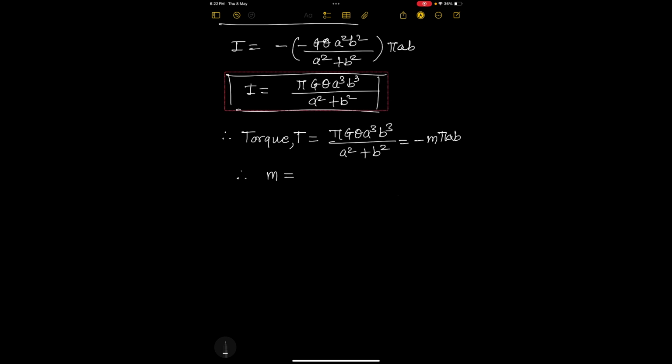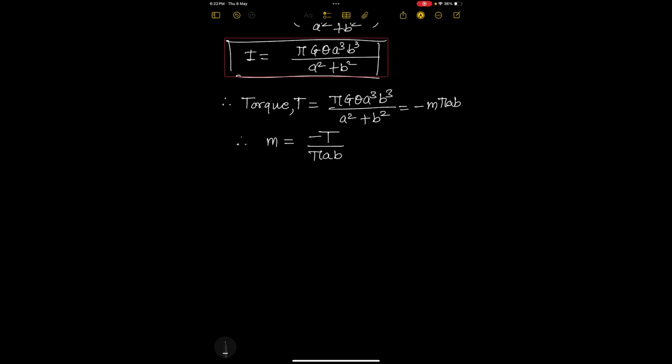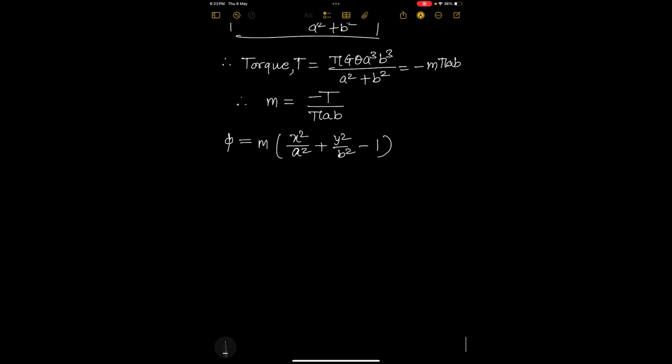Therefore m can be written as m is equal to minus T by pi ab. So we have written our Prandtl stress function in terms of m as m times (x squared by a squared plus y squared by b squared minus 1).